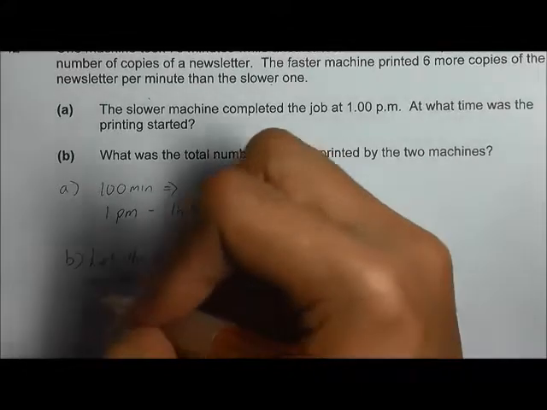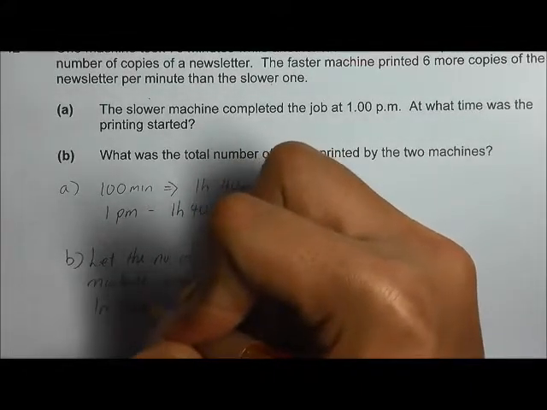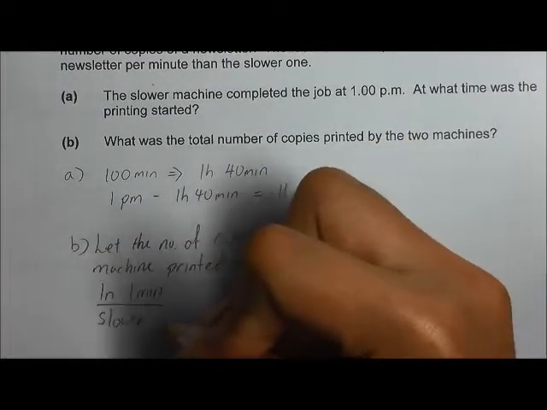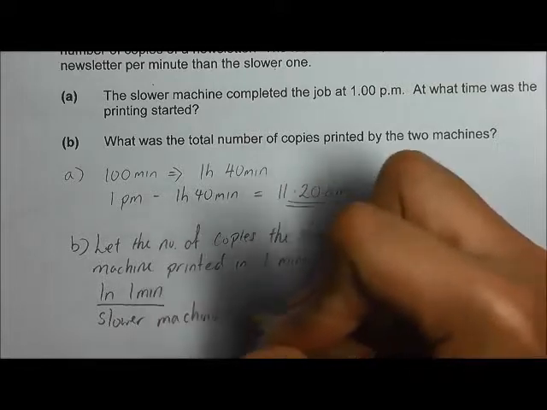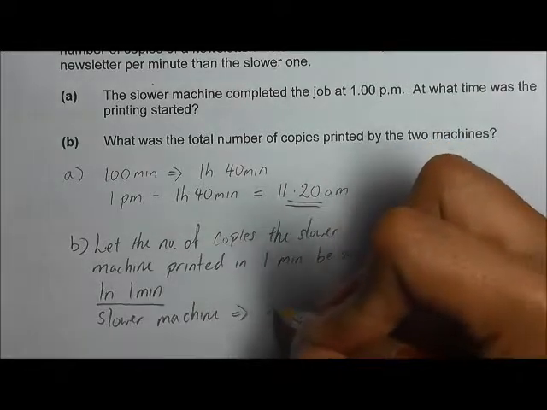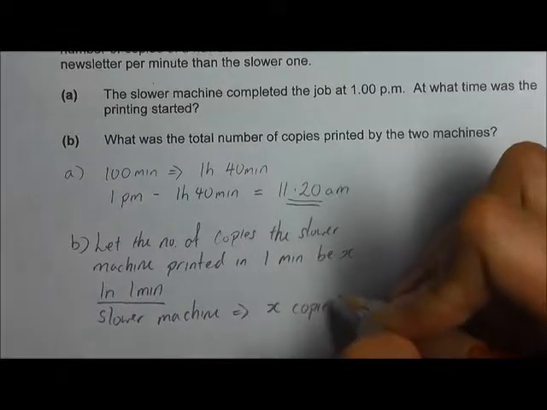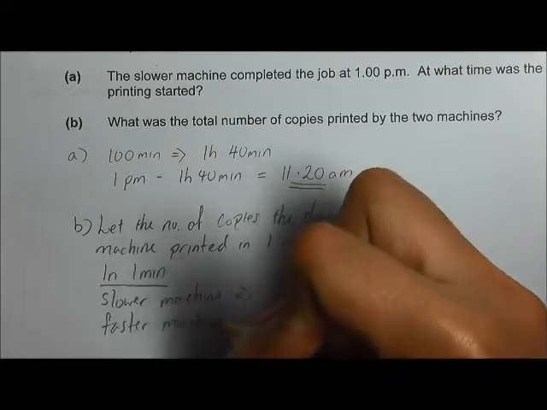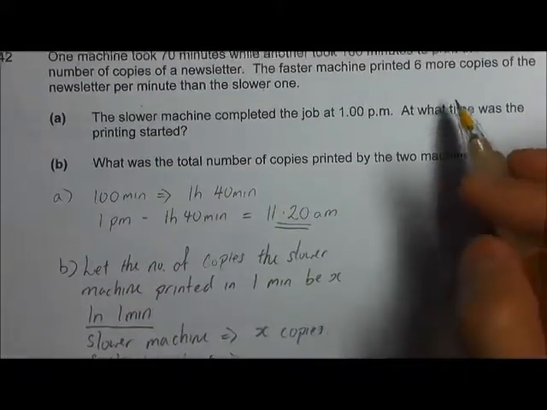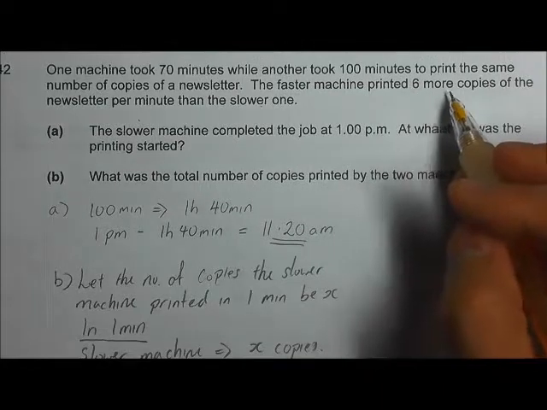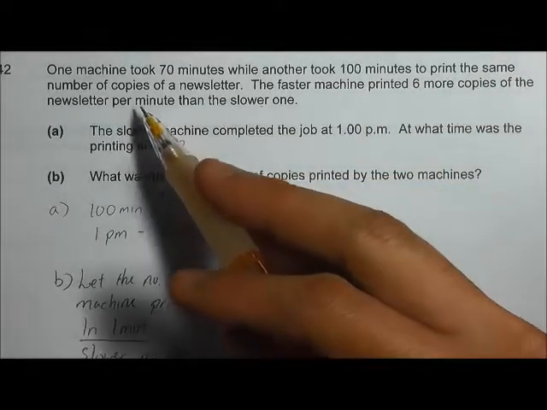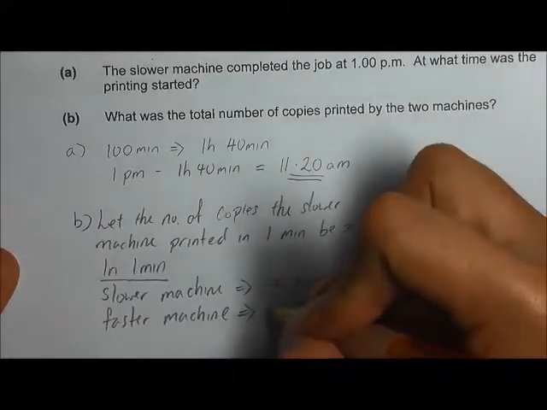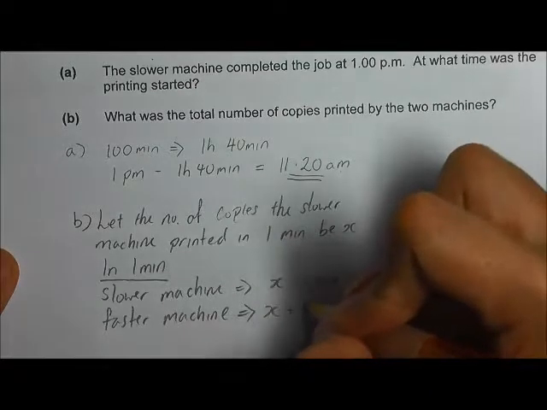Okay, so in 1 minute, the slower machine will print x copies, and the faster machine, since it can print 6 more copies of the newsletter per minute than the slower one, in 1 minute, it should print x plus 6 copies.